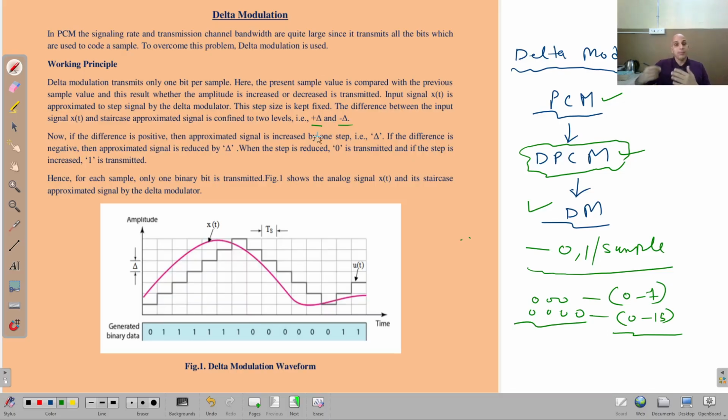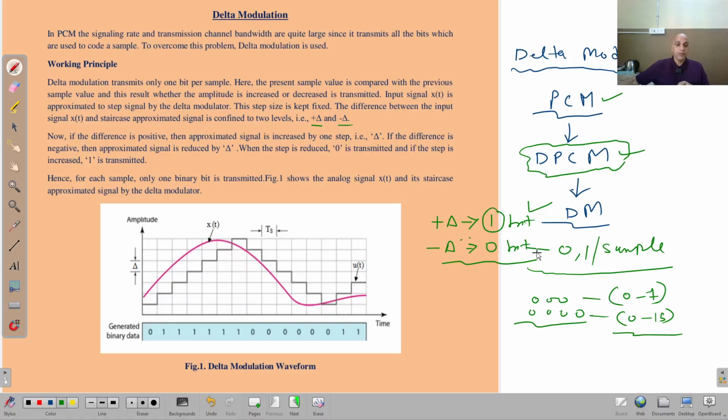If the error signal is plus delta, then it will be encoded by bit 1, and if it is negative delta, then it will be encoded by bit 0. So these are the 2 bits that are used for encoding these signals.